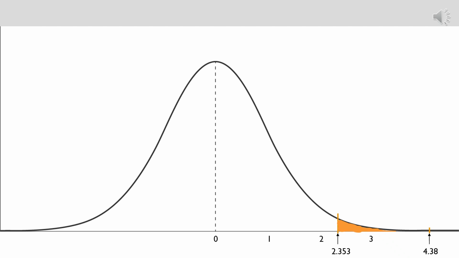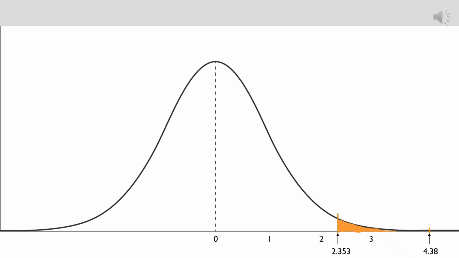Remember, the t-score of 2.353 corresponds to an alpha level of 0.05. Well, we found something way more extreme than that. So the probability is going to be way less than 0.05 that you would ever see such a high correlation of 0.93 if in fact the null was true, if in fact those two things, study time and exam score, were not at all related. So it's very unlikely that you would see this if they weren't related.